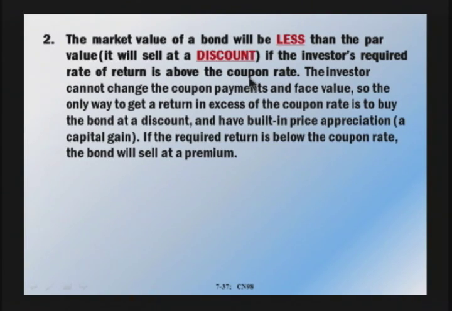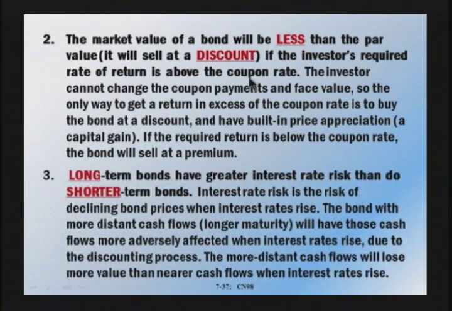The flip side of that is bonds will sell at a premium if the coupon rate is higher than the rate of return that the investors demand. And with respect to interest rate risk, we saw that longer maturity bonds have greater interest rate risk than shorter maturity bonds, because the longer maturity bonds are subject to the higher discount rate for more periods, and thus they will lose a greater percentage of their value when interest rates go up.